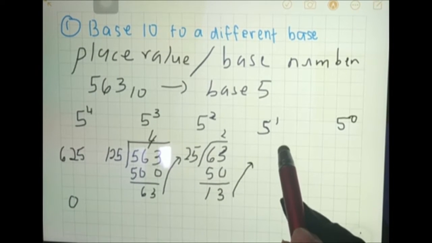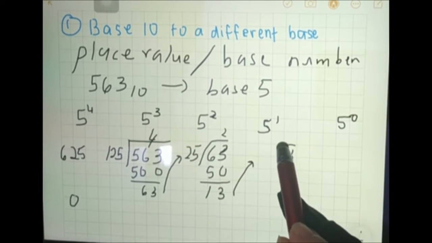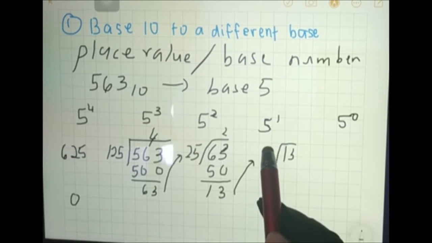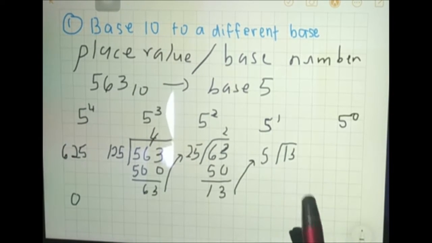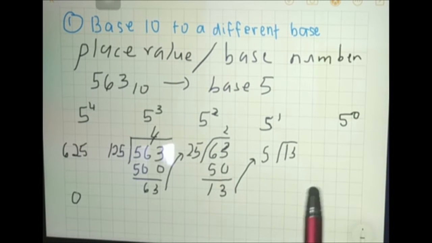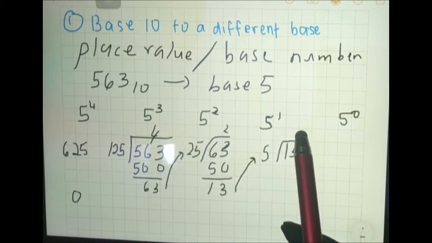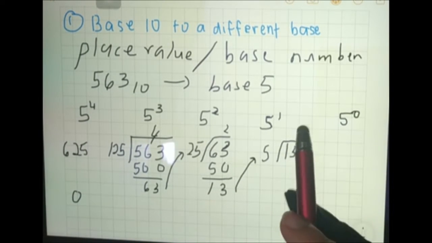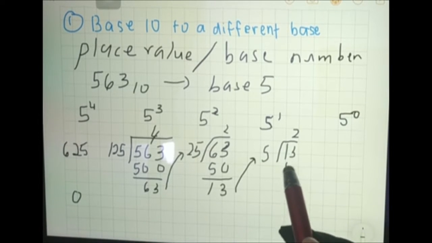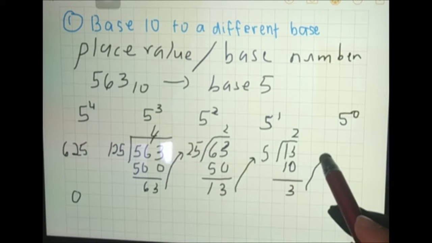So 13 divided by 5 to the power of 1, which is 5, gives 2 to get 10. So 3, bring it to the next.